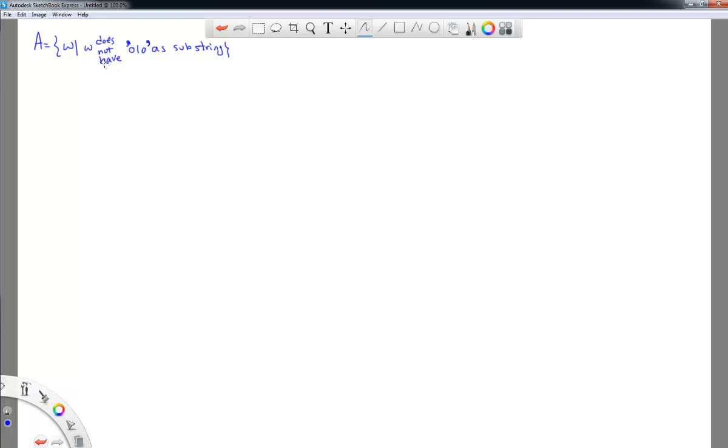Thinking of this language, it will be complicated because you need to build a machine that accepts all the strings in which 0, 1, 0 doesn't appear anywhere.